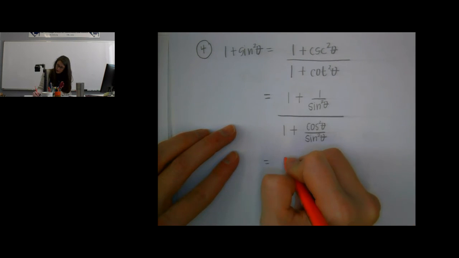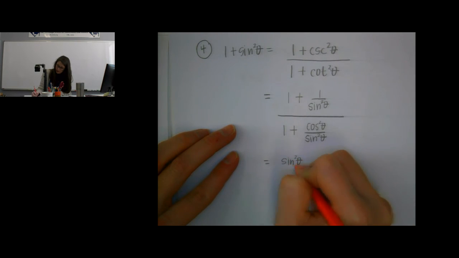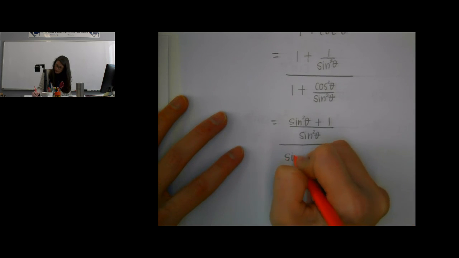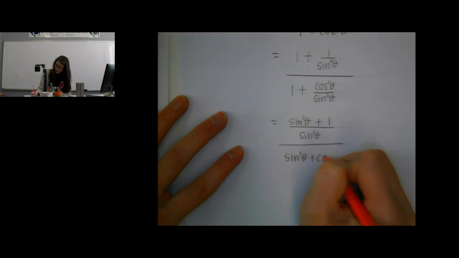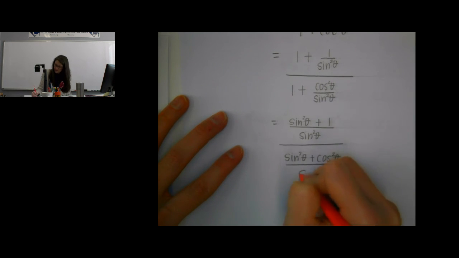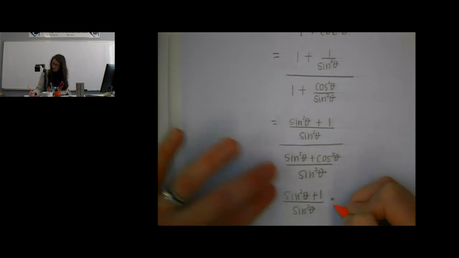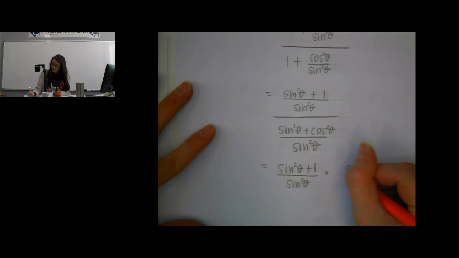Get a common denominator, so I would have sine squared theta plus 1 over sine squared theta. In the numerator, I would have sine squared theta plus 1 plus cosine squared theta over sine squared. So this is going to be sine squared theta plus 1 over sine squared theta times the reciprocal here. So it's going to be times sine squared theta over sine squared plus cosine squared.